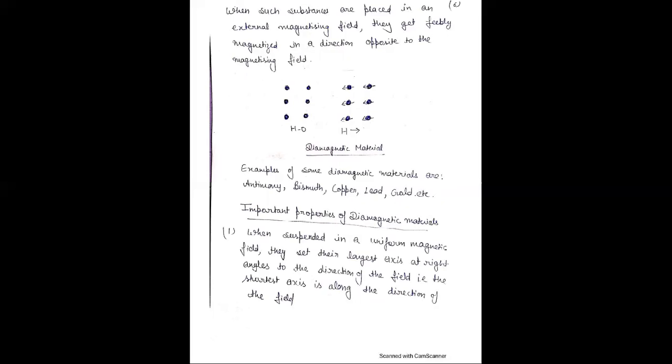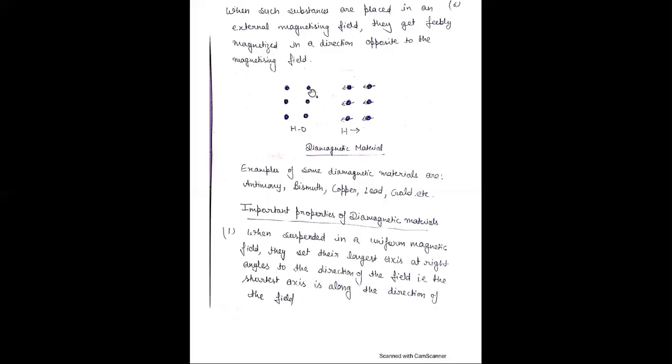But when a diamagnetic substance is placed in an external magnetic field, there exists an induced magnetic moment. But the direction of this magnetic moment is opposite to the direction of the magnetic field. When these materials are placed in a field, they are feebly magnetized, meaning magnetized but in the opposite direction.